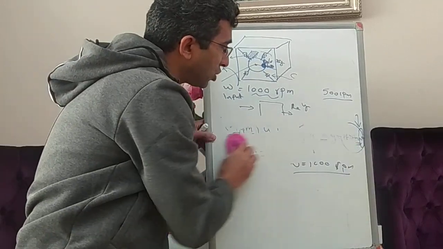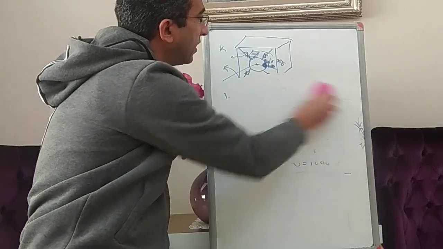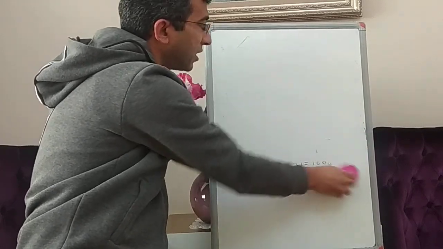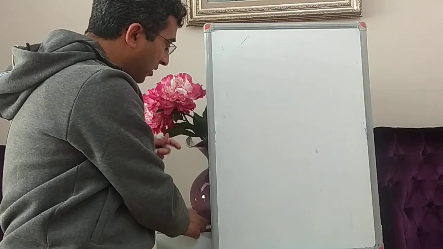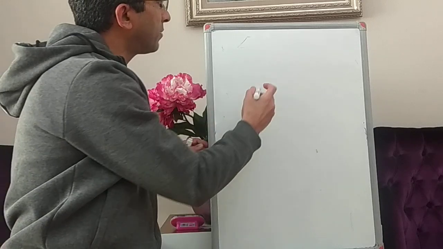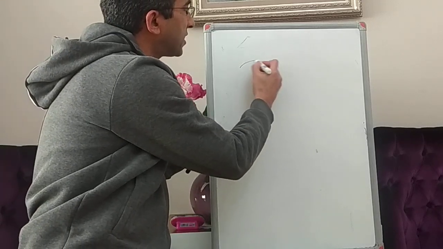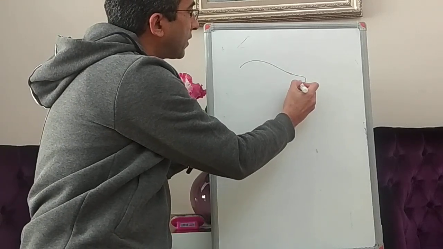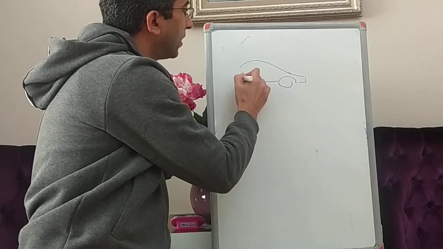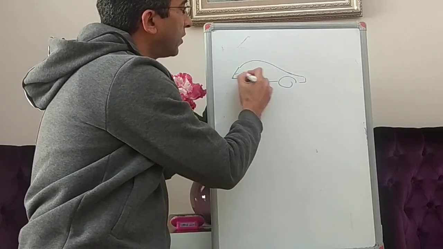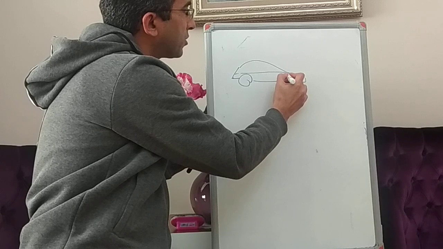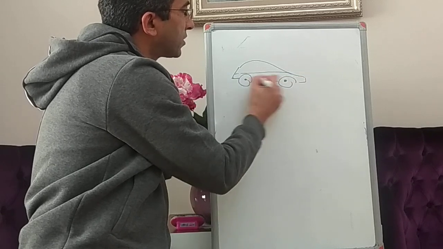Also in mechanical engineering, you have another example of second order ordinary differential equations. Sometimes you need to design the suspension system of a car. The body of the car is suspended on the wheels, of course.